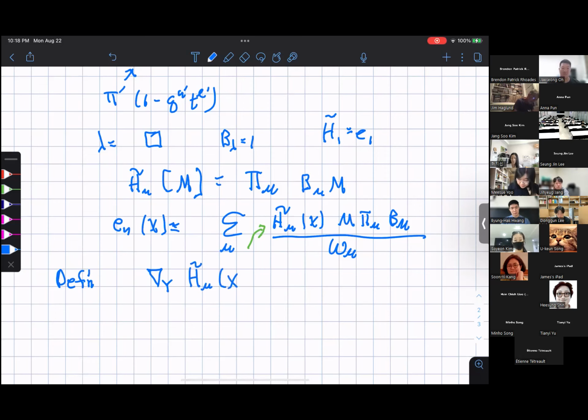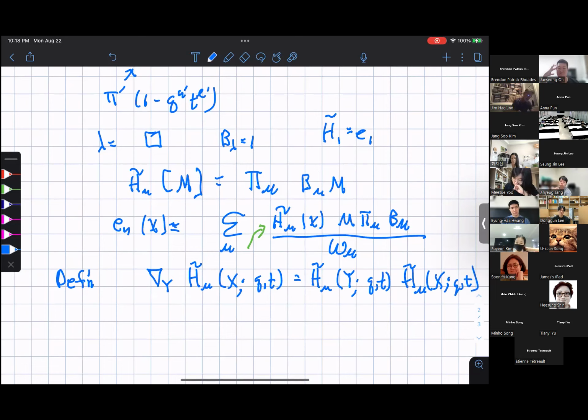It's a linear operator, just like Nabla, acting on a Macdonald polynomial in x. Here y is a set of variables, and it just multiplies the Macdonald in x by the Macdonald in y.